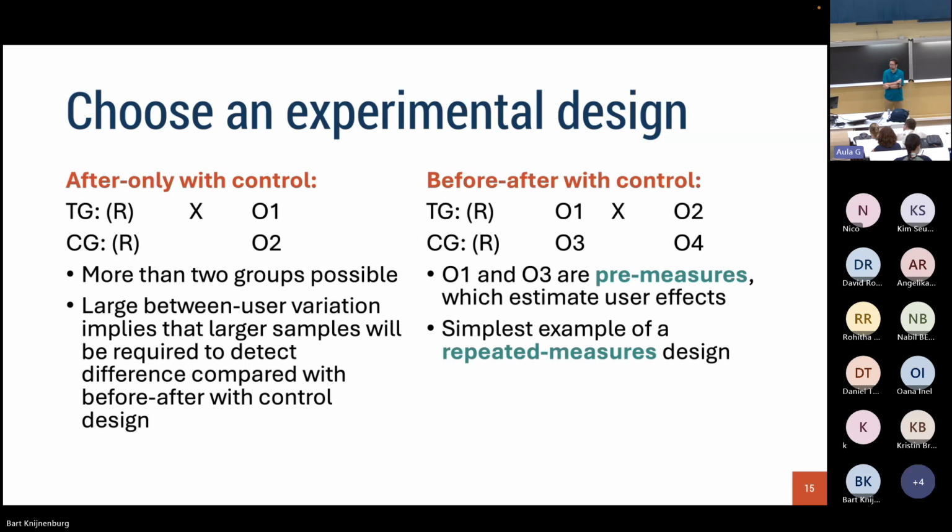Now we'll introduce the treatment, and you're going to make a comparison against that pre-measure. Okay. So the effect of taking this pre-measure is that you will reduce the requirement for large sample sizes because you've removed this user bias. I mean, the obvious example, if we're going to do a study on two diets, of course you want to weigh the people before you put them on the diet, right? And so these are pre-measures, and the power of this is that you're making a comparison within that subject. Here's what they were before, here's what they were after.